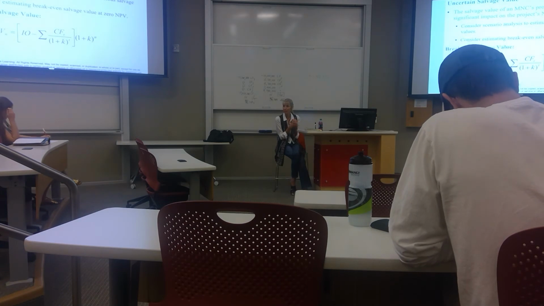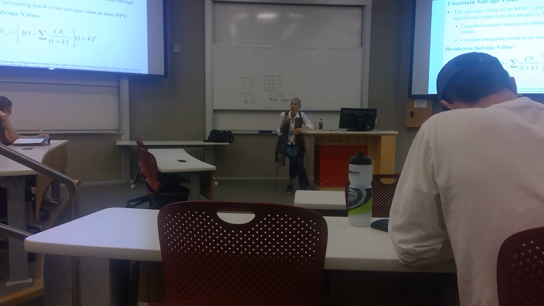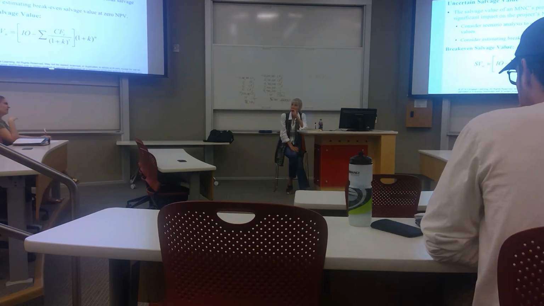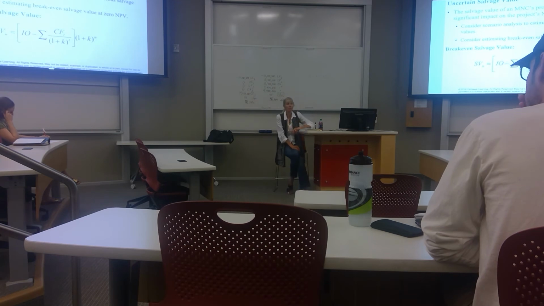K is my WACC, my required rate of return, taken out in this example to the 4th year, because I want to know how many Singapore dollars I need to be able to sell this for at time 4. That's why we multiply by 1 plus K. And that's called break-even salvage.